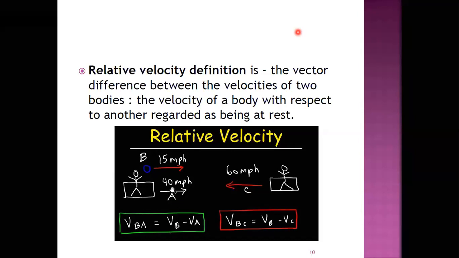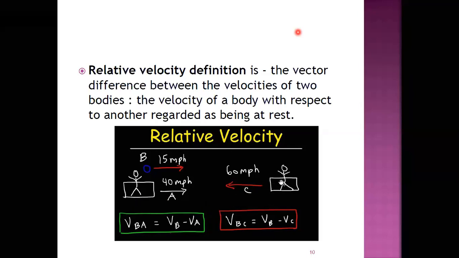How much will it come? Around 35 it will come, correct? So we are always measuring the velocity with respect to another body.